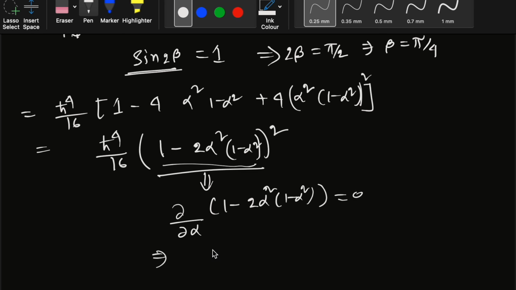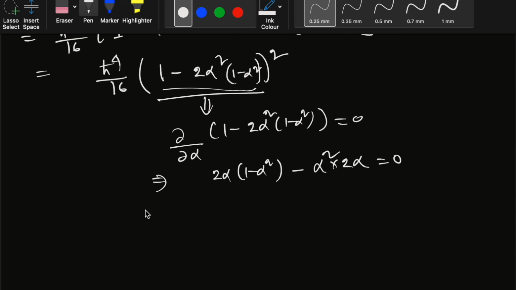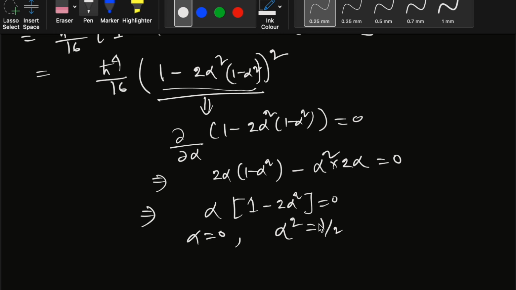That means 2 alpha 1 minus alpha square minus alpha to 2 alpha square into 2 alpha is equal to 0. That means alpha into 1 minus 2 alpha square is equal to 0. So this function will be extreme for one value alpha equal to 0, another value alpha square equal to half. So let us check what we get for alpha equal to 0, and for alpha square equal to half.